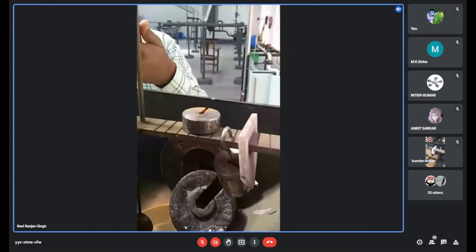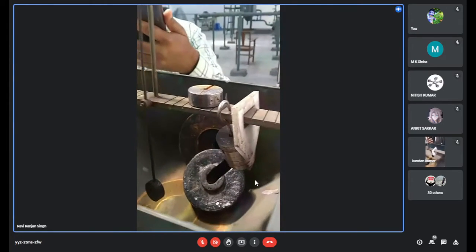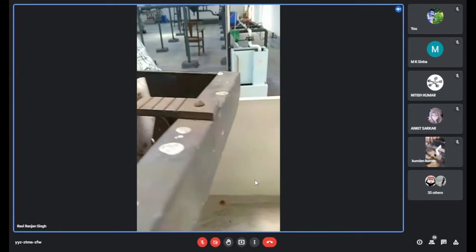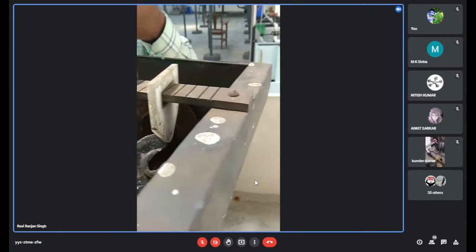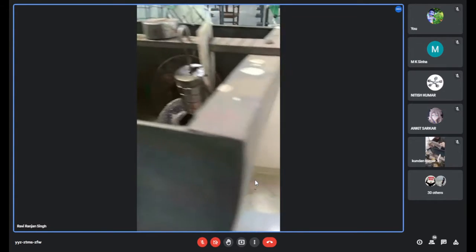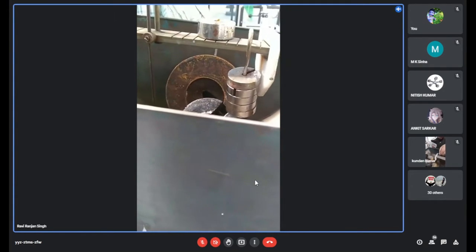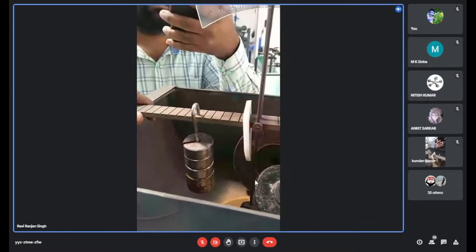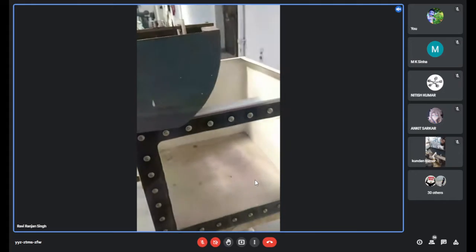These are the free weights, by which we will study the oscillations that happen when the weights move from the center outwards. And this is the first experiment.